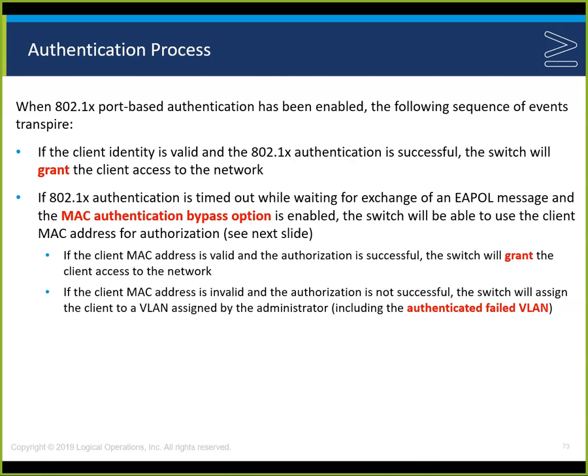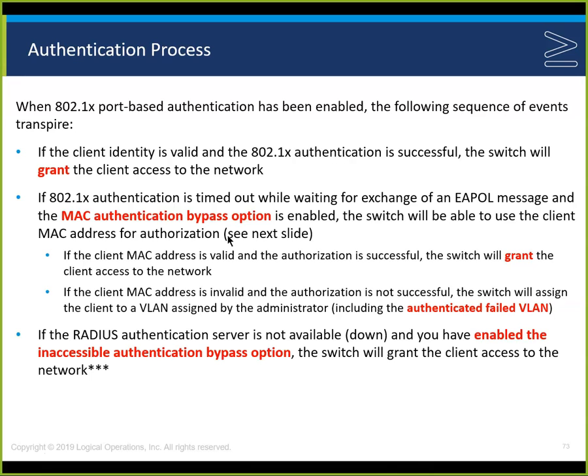If the MAC address is invalid and the authorization is not successful, then it's going to be timed out. If the Radius server is not available, and that's why I kind of caught myself on the one above that. If we don't know our username and password, that's too bad, so sad. We can't get in.